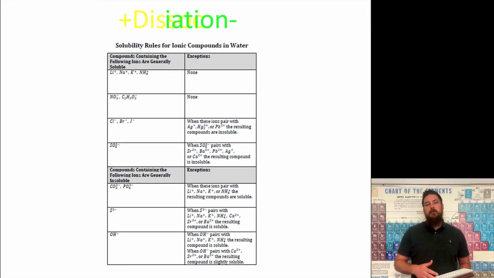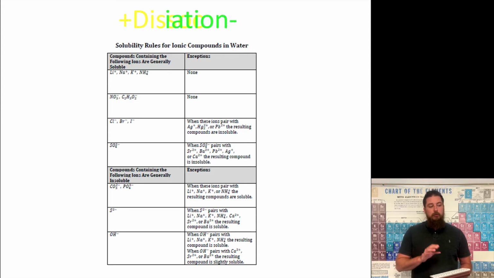Now, the right column shows the exceptions to that. Lithium ion is a soluble ion, and there is no exception. But go down to the third row, where you see the chloride ion, the bromide ion, and iodide ion.